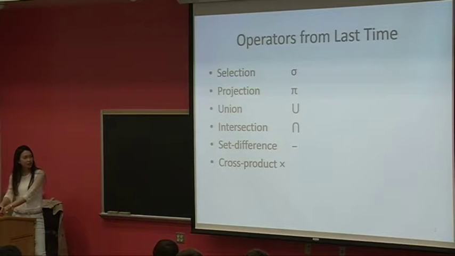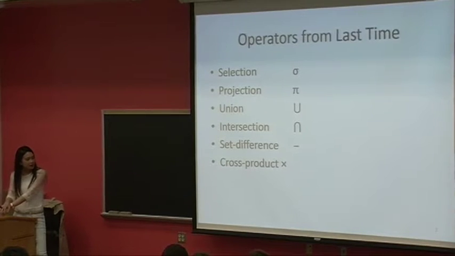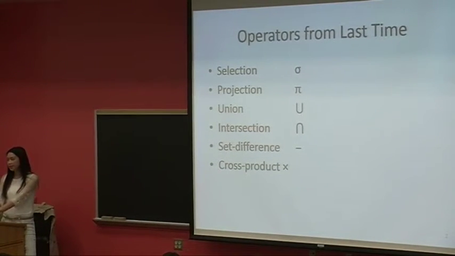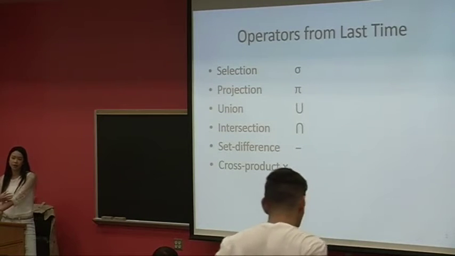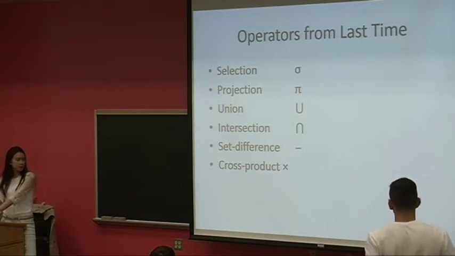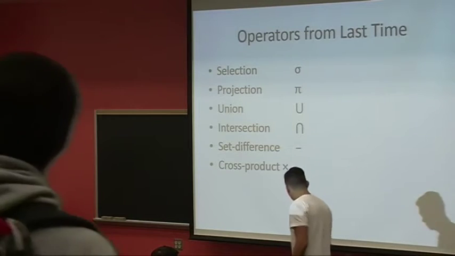Yeah, if it's intersection, then the tuples in the result will have to be in both relation R and relation S. Correct? Okay, the next one is set difference. So if we take a set difference between R and S, we say R taking a set difference on S. What are the result tuples?